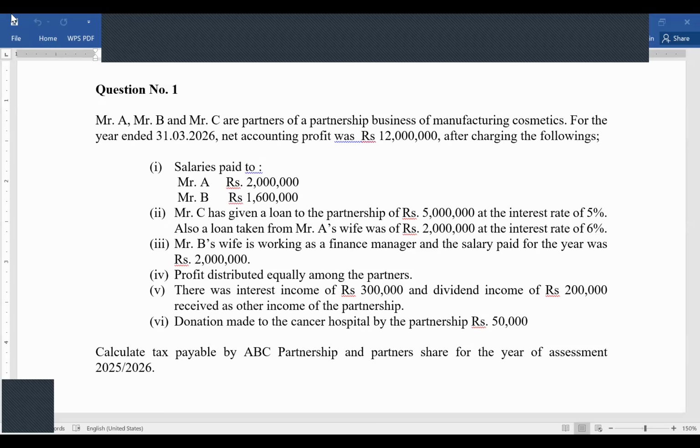Okay, now we can move to the computation. So I will share this question in the chat box.